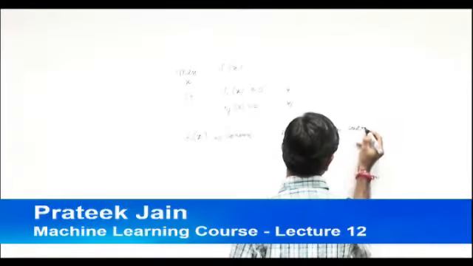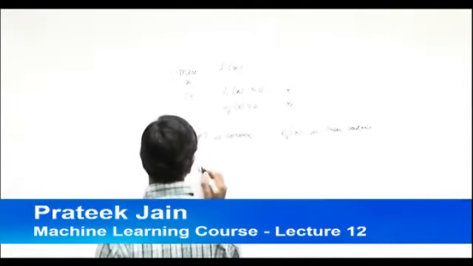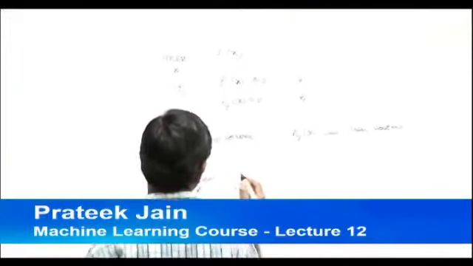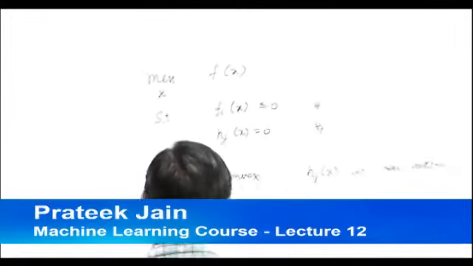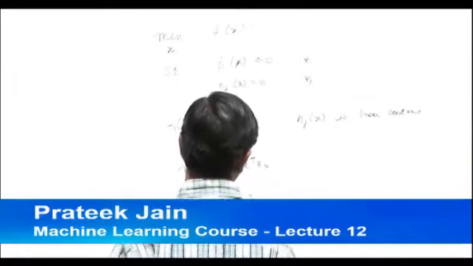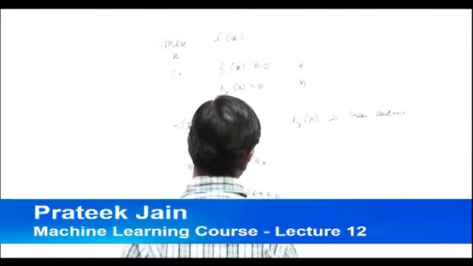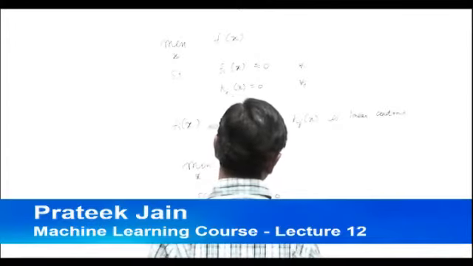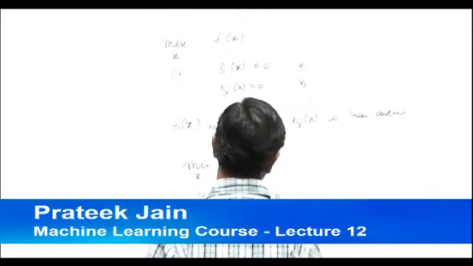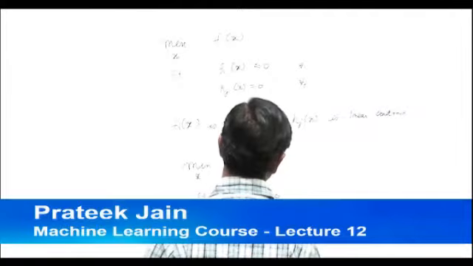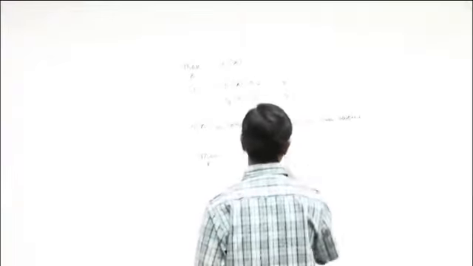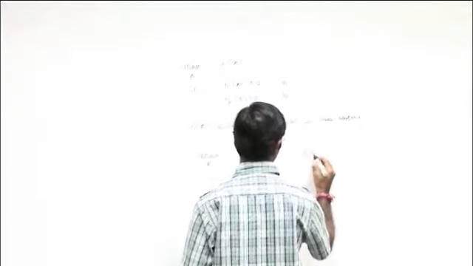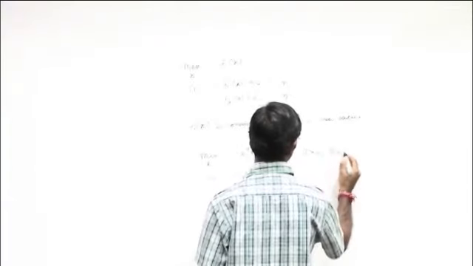For example, let's say we minimize x transpose A x such that x transpose B x is less than or equal to 0 and Cx is equal to d. Here A is a positive definite matrix, B is a positive definite matrix.